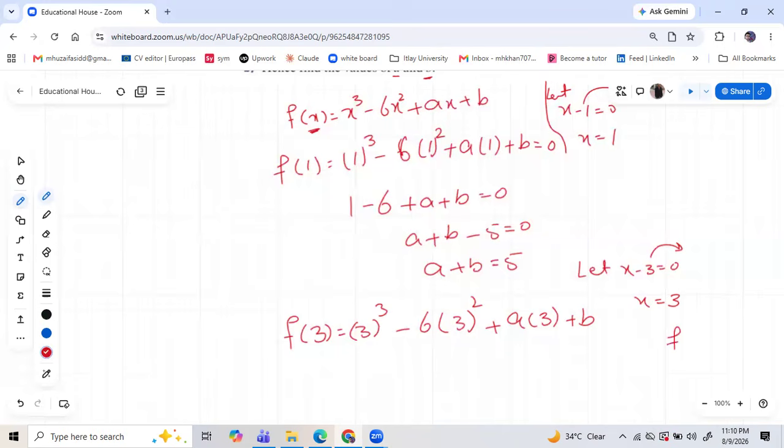So f of 3 is equal to 0 from the statement, so I'm setting this equal to 0. So 3 power 3 gives us 27. Now 3 squared is 9, so this is minus 54 plus 3a plus b is equal to 0.